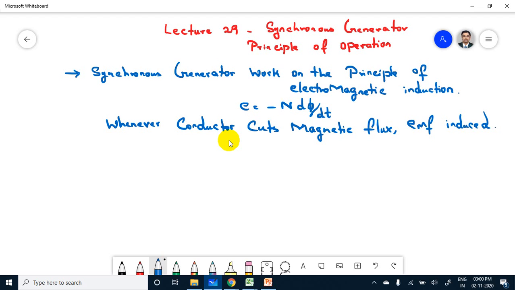Okay, EMF will be induced. So by using this principle, the synchronous generator operates on the principle of electromagnetic induction.